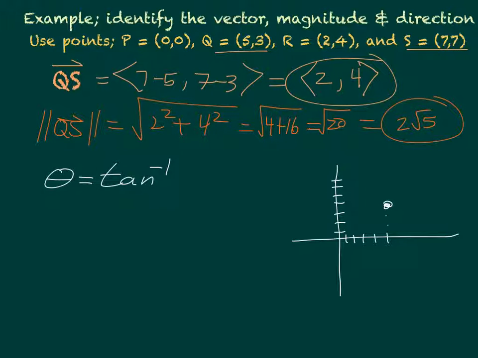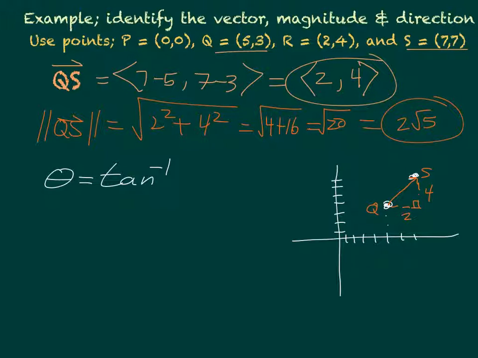So that point right there, which is going to be my Q, and the point 7, 7, which is my S point, and it goes from Q to S, so there's my vector, and this time my triangle will look like that, which would be a 2 and 4.